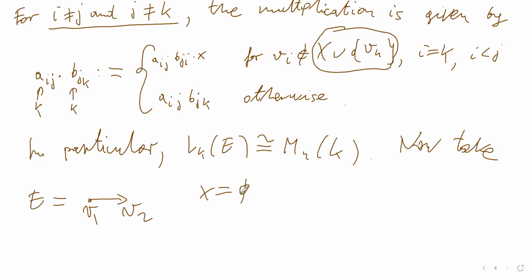So I have one regular vertex V1. And at the regular vertex V1, I do not impose the second Cuntz-Krieger relation. So by writing Vi is not in X cup Vn, it means that Vi is equal to V1, because Vn is equal to V2, and Vi not belonging to this one element set and V2 means just Vi equal to V1. So for i equal 1, I do some modification.